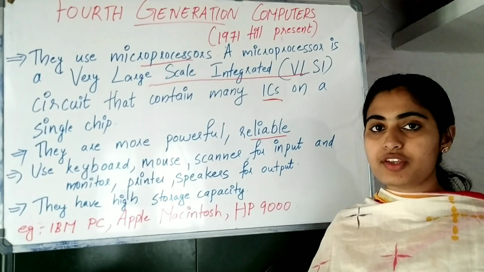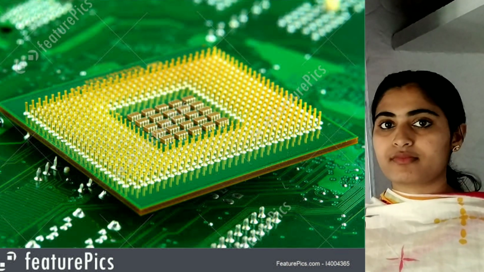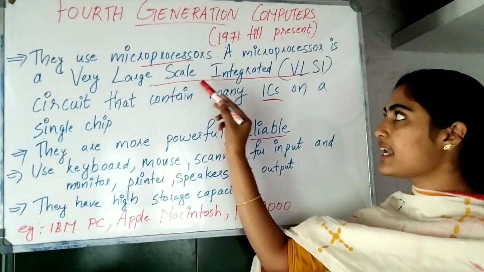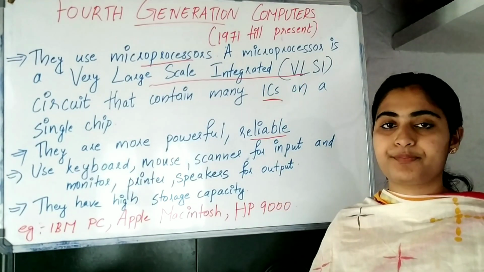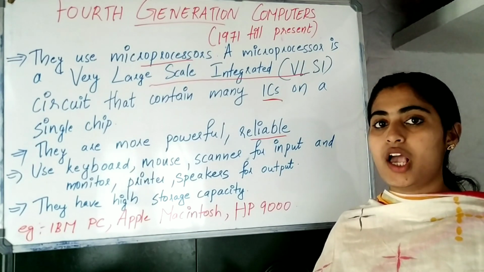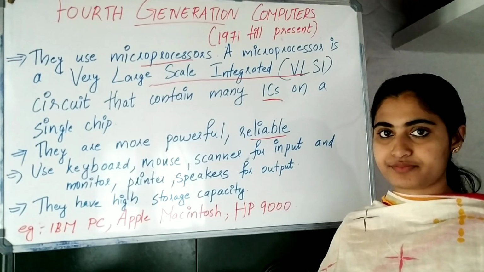So in fourth generation, the technology used is microprocessor. And microprocessor means it is a very large scale integrated circuit. And inside that circuit, there are thousands of ICs. What do you mean by IC? It is integrated circuit.